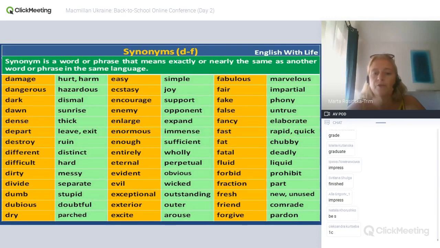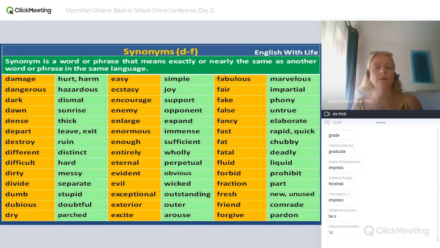And what I often do with higher level students, more extended levels, I, for example, ask them to use the word, let's say something simple. The house was damaged. Okay, let's start with the first example. Why not? The house was damaged, and I say, okay, these are the synonyms: hurt and harm.